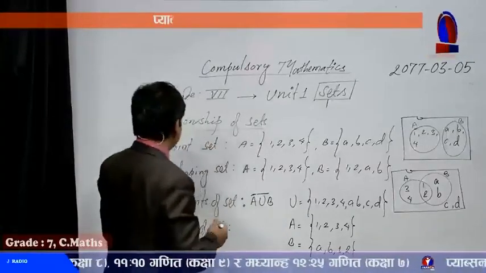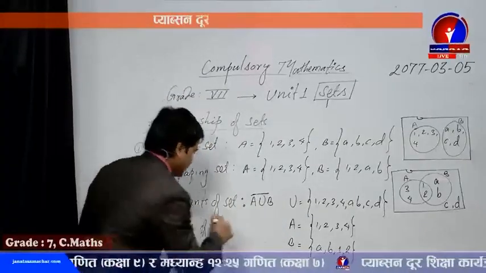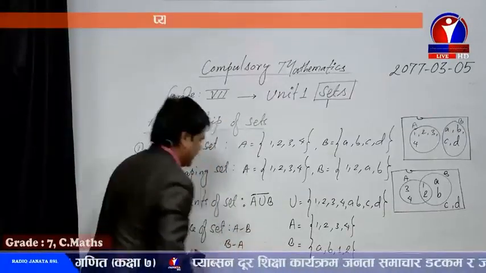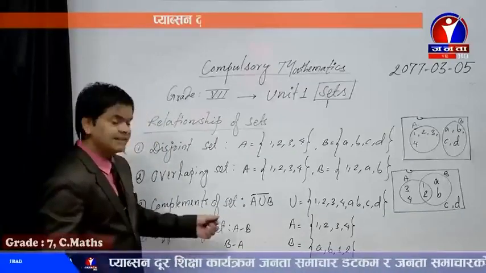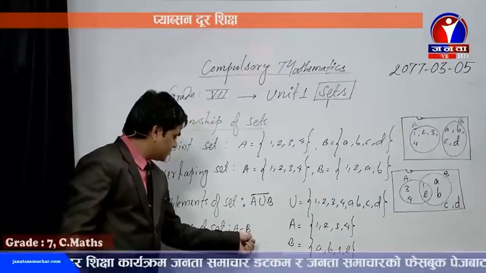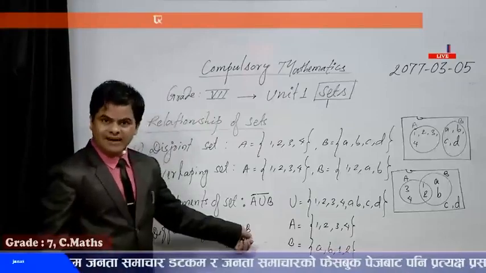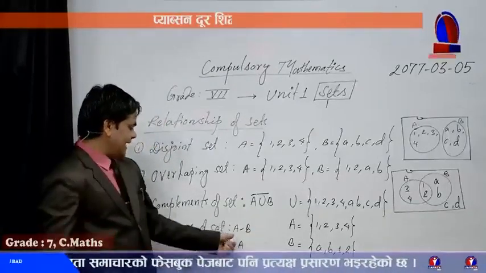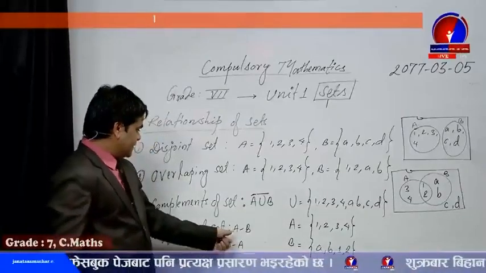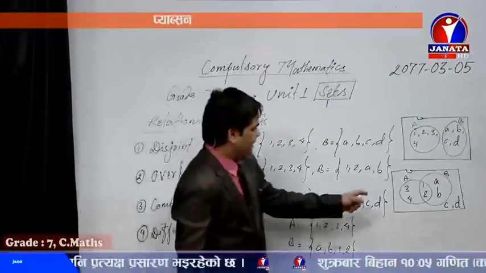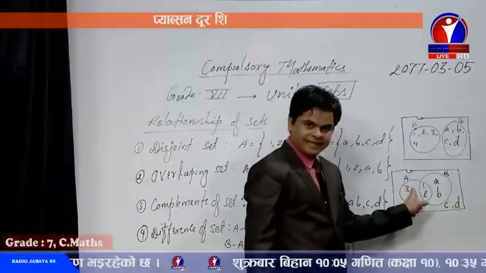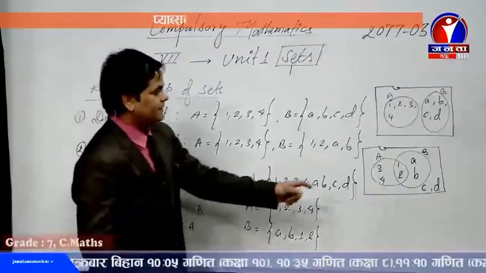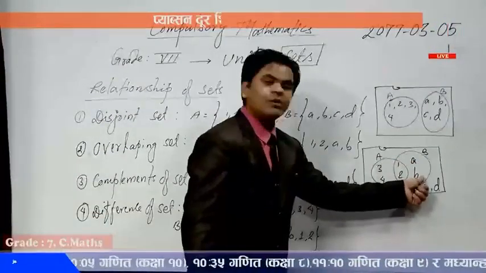Difference of set refers to A difference B, B difference A. In the upper or senior classes, we symbolize this one as A only, and this one as B only, n(A) and n(B). But here, A difference B represents only the elements of A, 3 and 4, and B difference A represents the elements of B only.